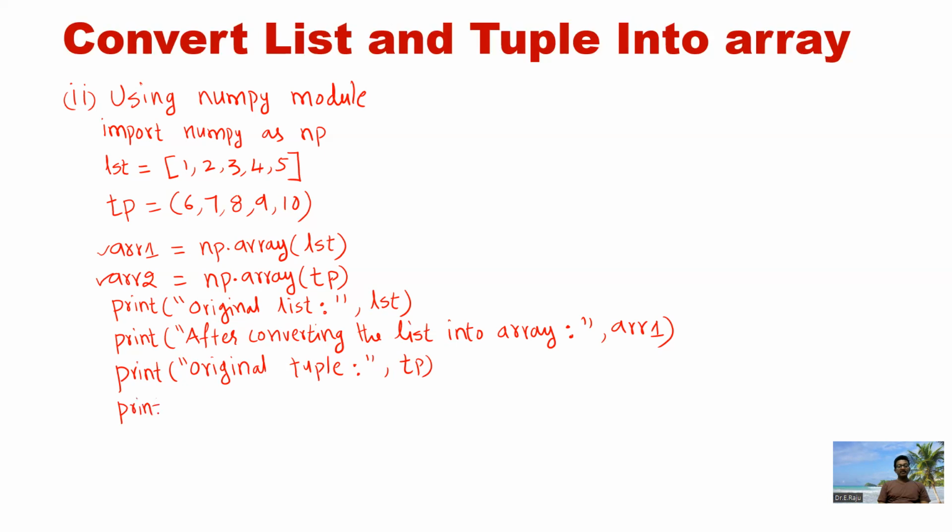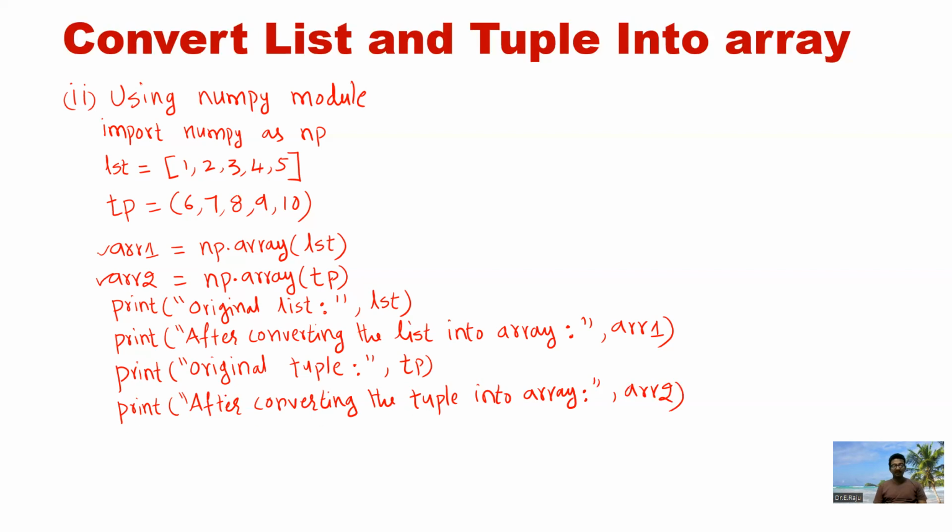Then we'll print the tuple after converting into an array, which we have stored in a variable called arr2. So pass that arr2 as an argument.